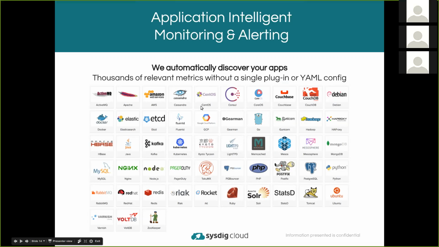Kafka is also from the Apache Foundation, and we can monitor Kafka. So in this case, the Apache icon means the Apache HTTP Server, but there are a few other projects from the Apache Foundation that we can monitor, like Kafka here. I can see Solr here, and probably I will be missing a few others as well.